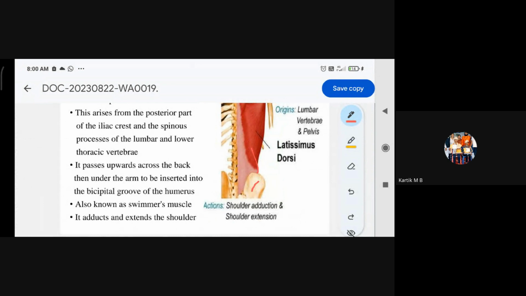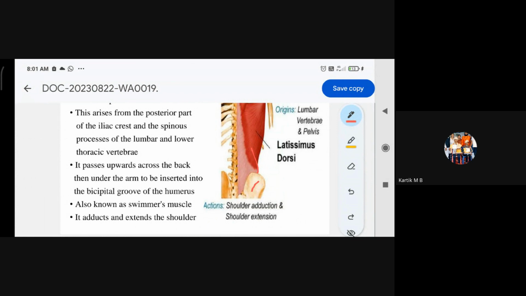Crest means the raised portion of that iliac, which is giving the mountain-like shape of the iliac. That portion is known as the crest. So this latissimus dorsi muscle is originating from the iliac crest and the spinous process of lumbar and lower thoracic vertebrae.